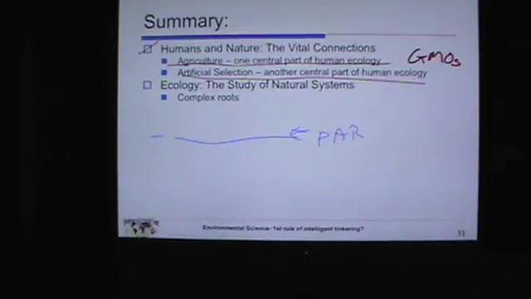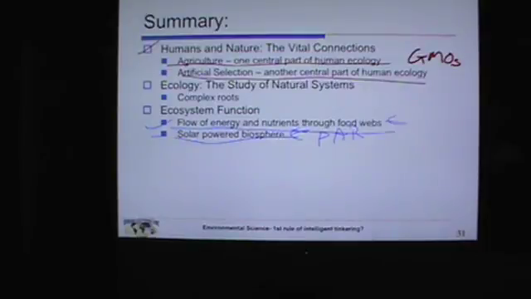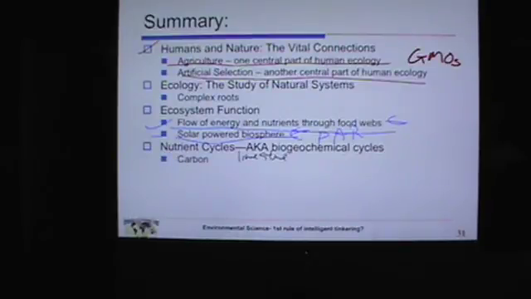Remember all the guys we talked through with that. Ecosystem function, how the flow of energy and nutrients moves through food webs. We're coming into the answer. What is that? Solar powered biosphere, and that solar power comes from photosynthetically active radiation, PAR. Don't forget that. Nutrient cycles, also known as biogeochemical cycles.